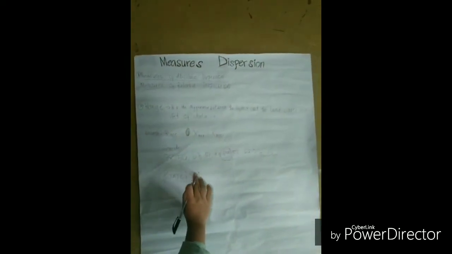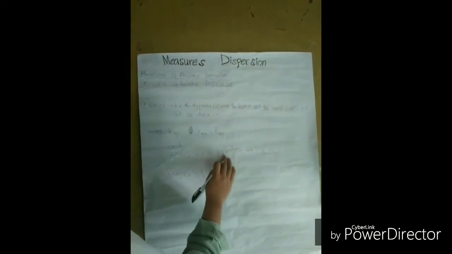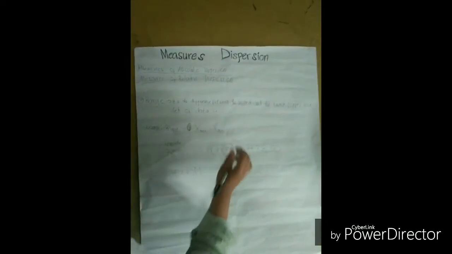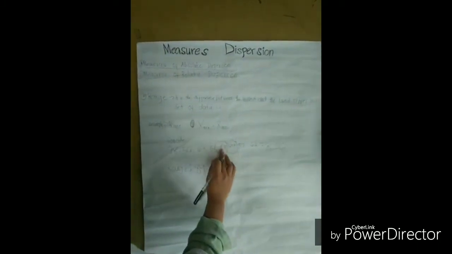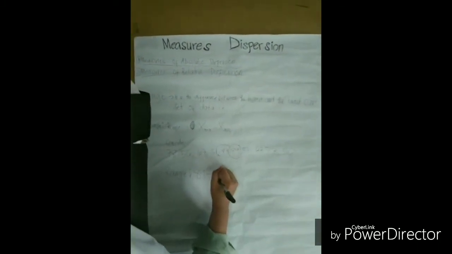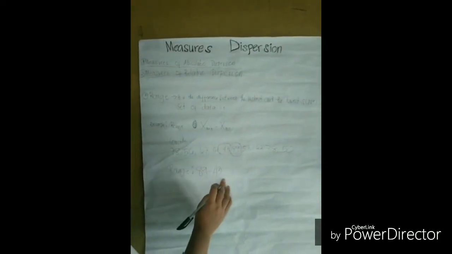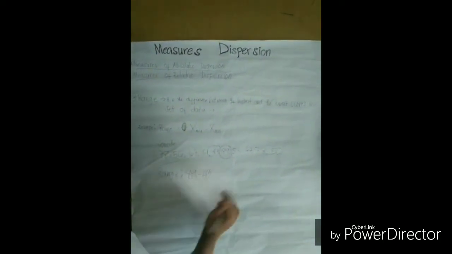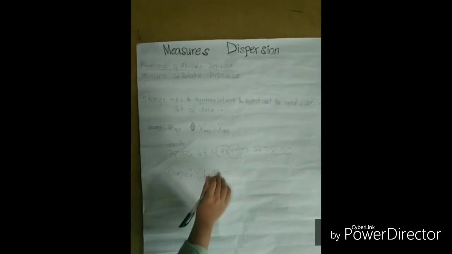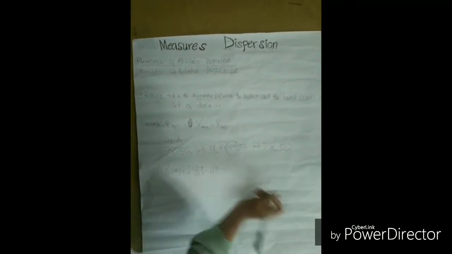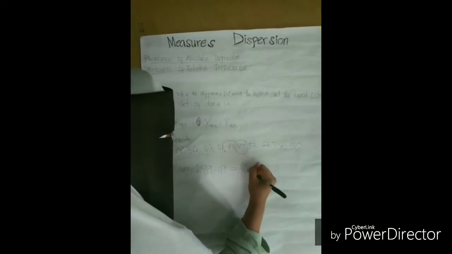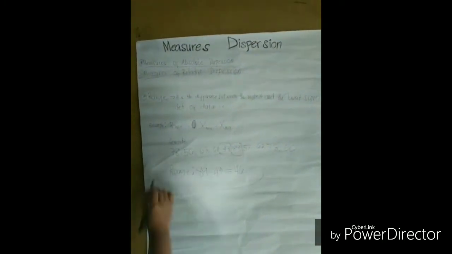Then the minimum is 43. The lowest number is 43, so 89 minus 43 equals 46. This is our range.